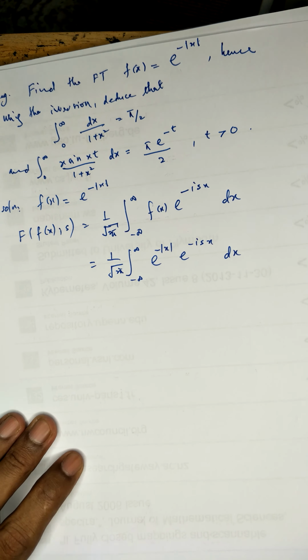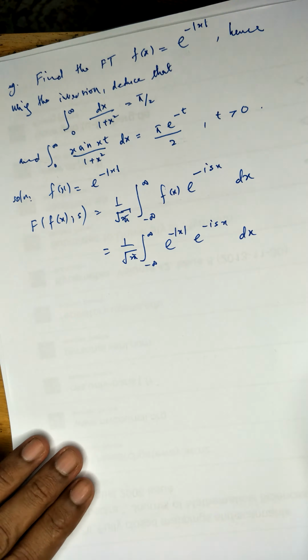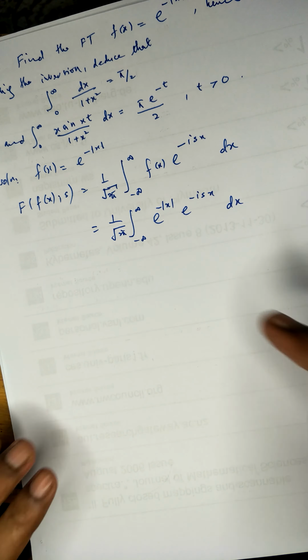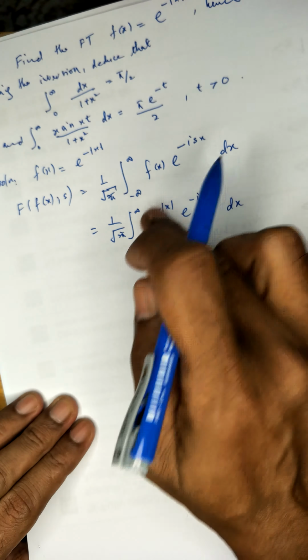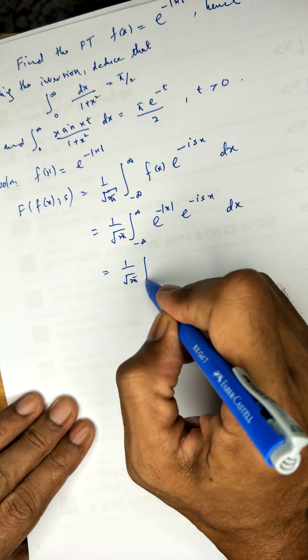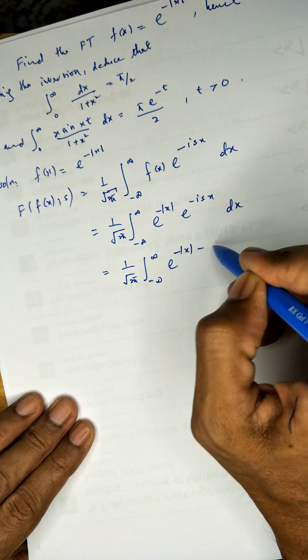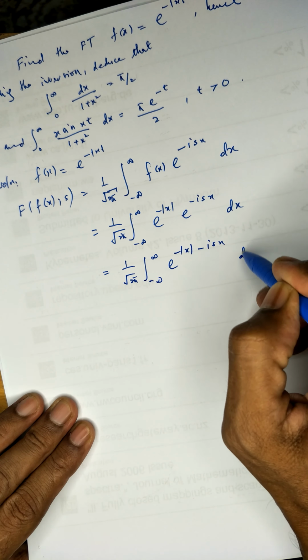Right, and here we need to be careful. We use the modulus, so if you combine those, we have the integral from minus infinity to infinity of e to the minus |x| minus i s x dx.